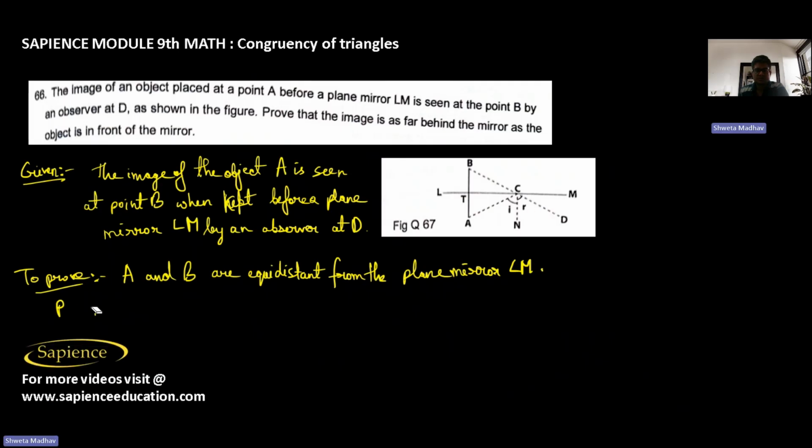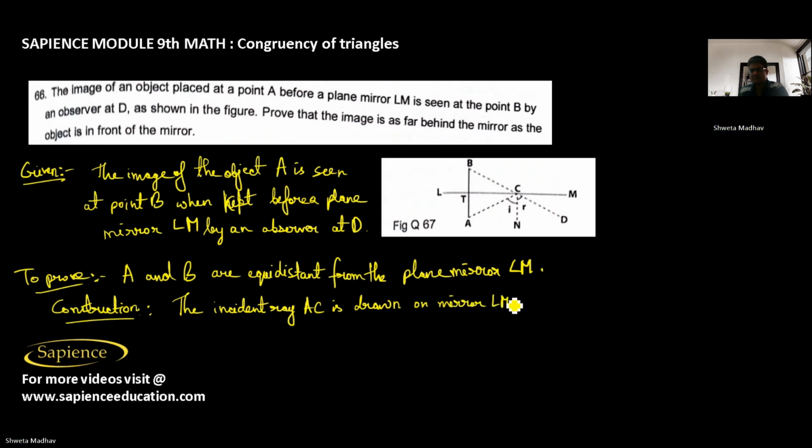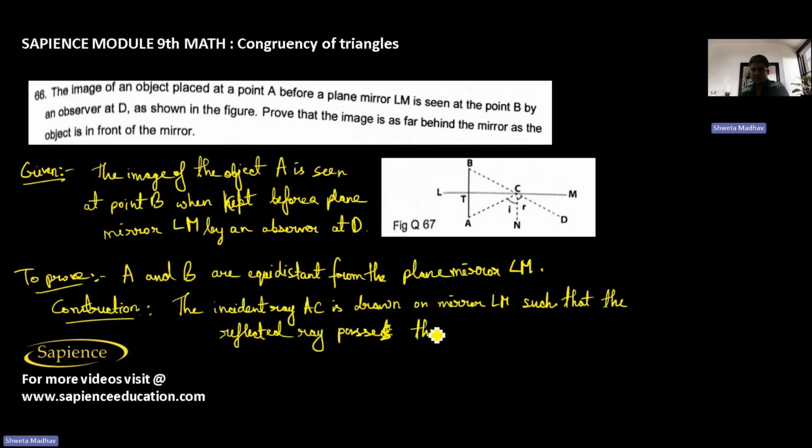So we can do some construction actually. The construction is: the incident ray AC is drawn on the mirror LM such that the reflected ray passes through D. So it means that CD is the reflected ray.